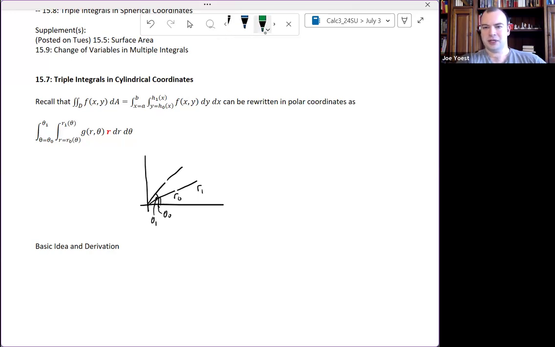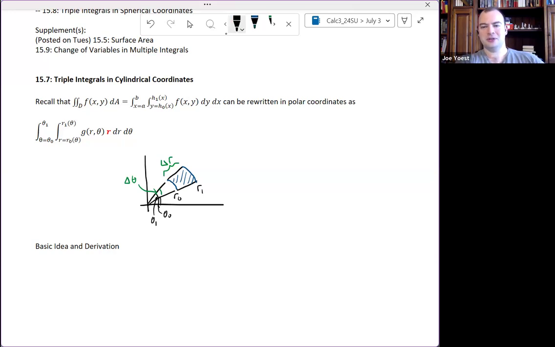In other words, we are traversing an angle, delta theta, and a radius, delta r. And that gives us what we might call a polar rectangle, a slice of an annulus, a slice of a donut, like this.